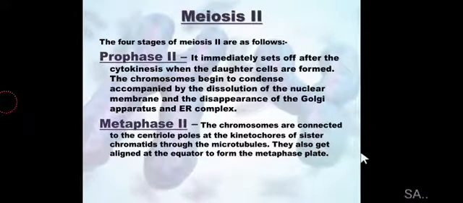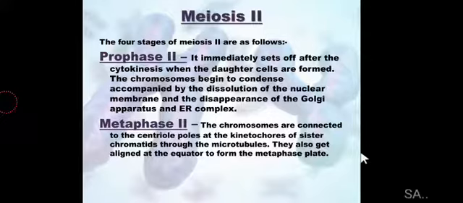Dear students, in this video we'll talk about meiosis 2, but for a short recall, I just want to tell you that in the previous video we talked about meiosis, and you learned meiosis is basically a reduction division and it is happening in the germ cells, and this is producing four daughter cells.